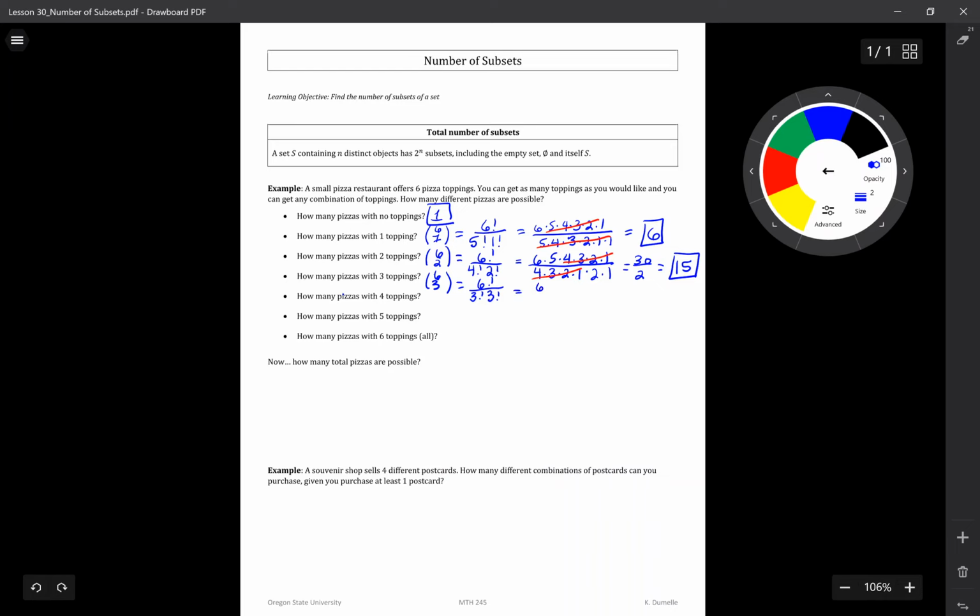So I have 6 times 5 times 4 times 3 times 2 times 1 over our first 3 factorial, 3 times 2 times 1, times our second 3 times 2 times 1. So this 3 times 2 times 1 will cancel, and then also 3 times 2 times 1 is 6. So I'll cancel the other 3 times 2 times 1 with the 6. So we're left with 20.